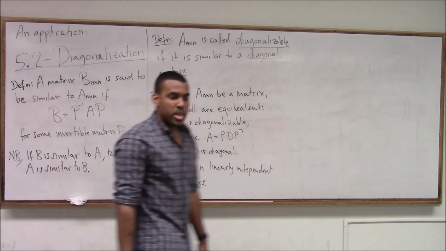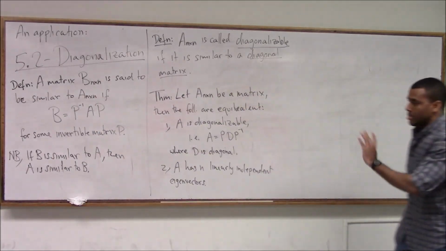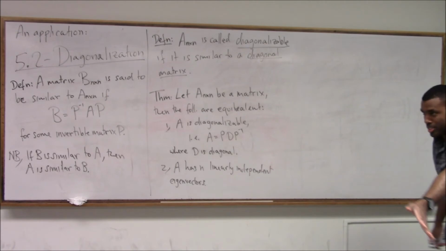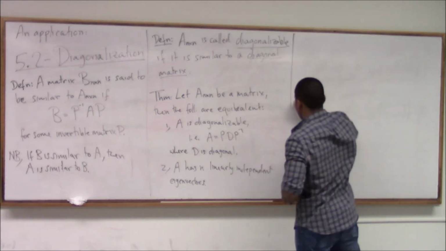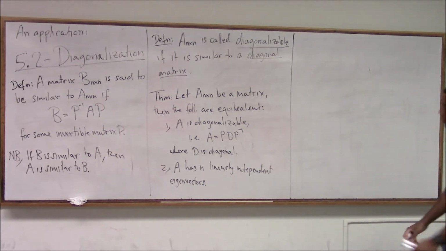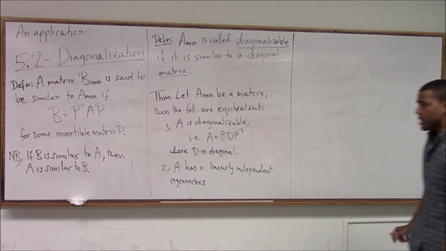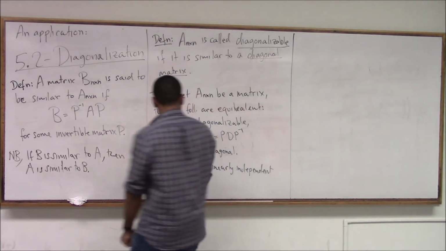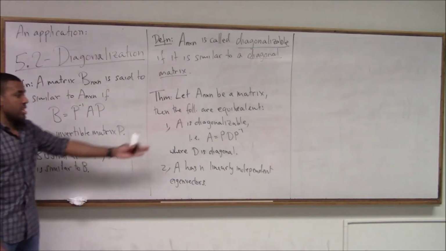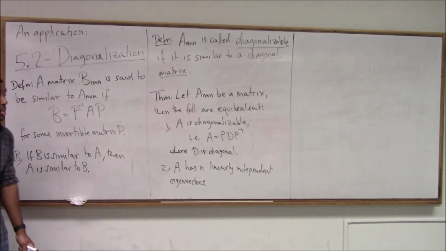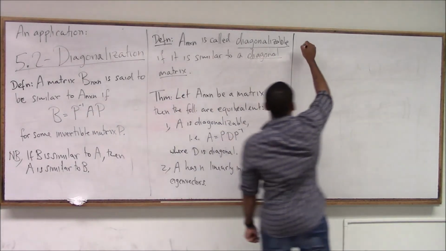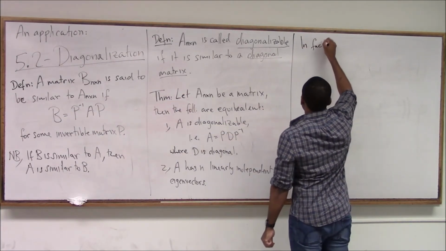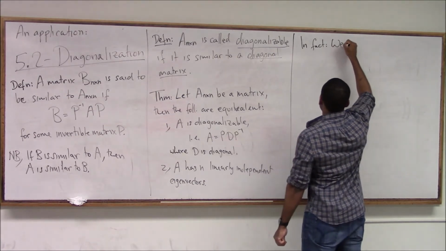Or you say that the space has an eigenbasis, which is something you can talk about in a second semester linear algebra course. But we're not going to go that deep into it. Knowing that we can find n linearly independent eigenvectors means that there is a diagonal matrix for which this is true. In fact, we actually know exactly what it is. In fact, we know what these will look like.